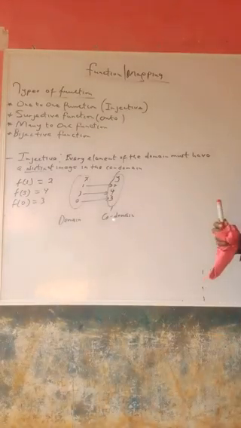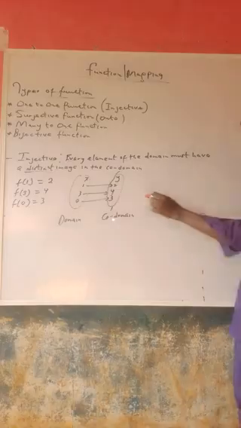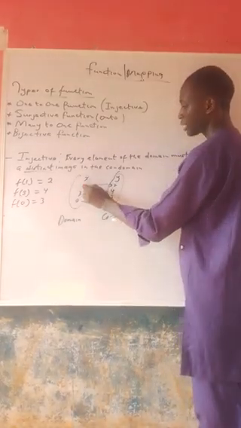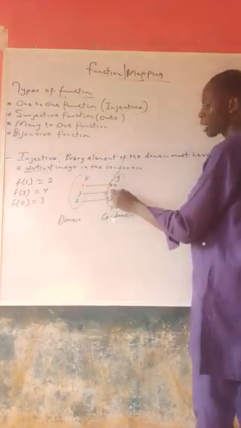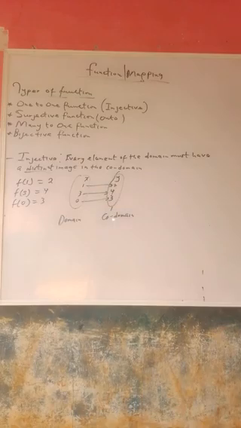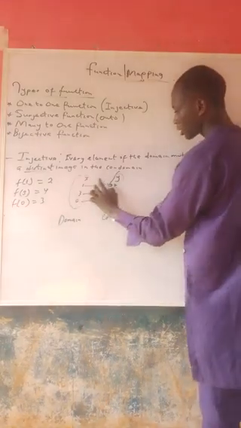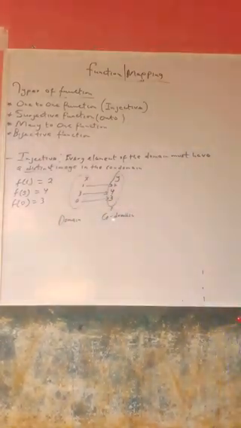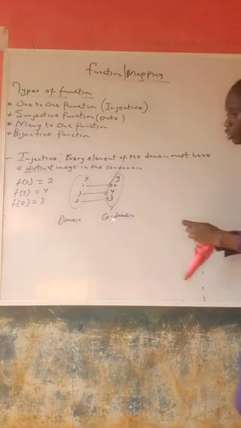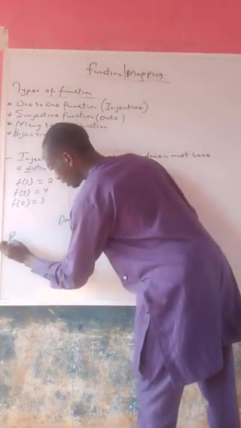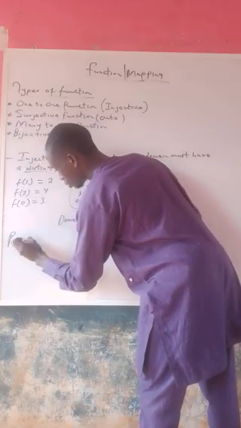That's one to many, and it's not a function. So 1 mapped to 2 and also to 4 is what we call one to many, and it's not a function. Now, every element here has a distinct image; they don't share any image together. And let me show you a property of this injective function.